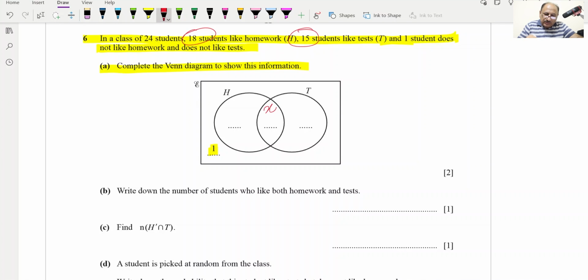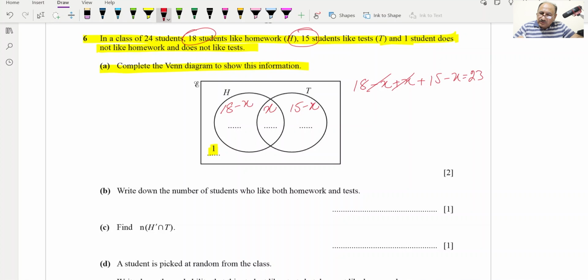Homework is 18, so this portion will be 18 minus x, and test is 15, so this portion will be 15 minus x, because x are gone into the intersection area. They are adding up to 23, because 1 is over here, so remaining are 23. So we'll add up 18 minus x plus 15 minus x is equal to 23, and we will solve this equation.